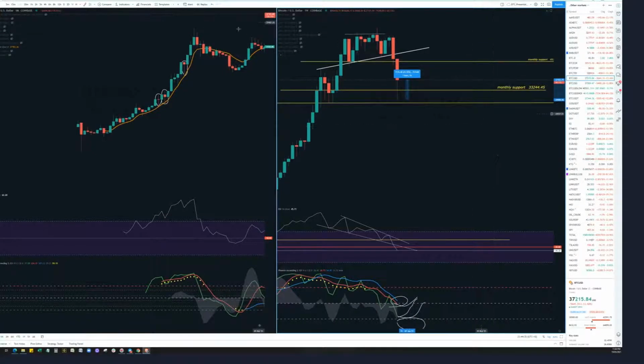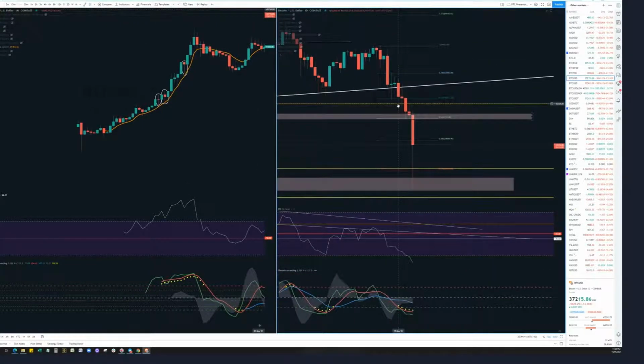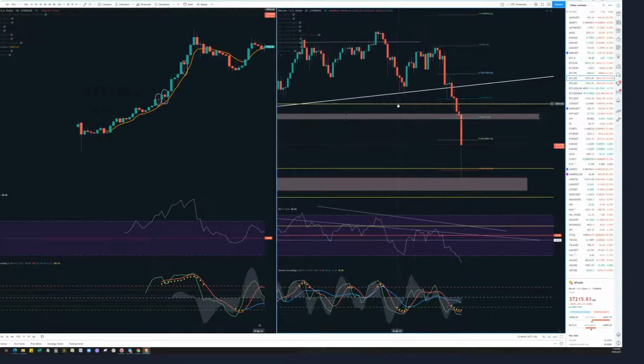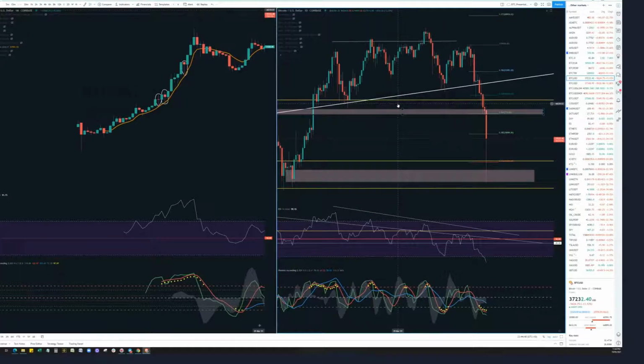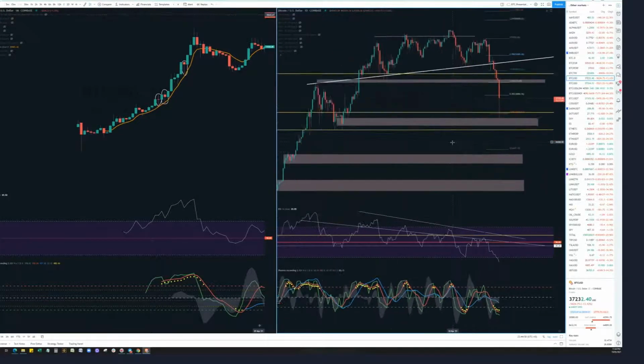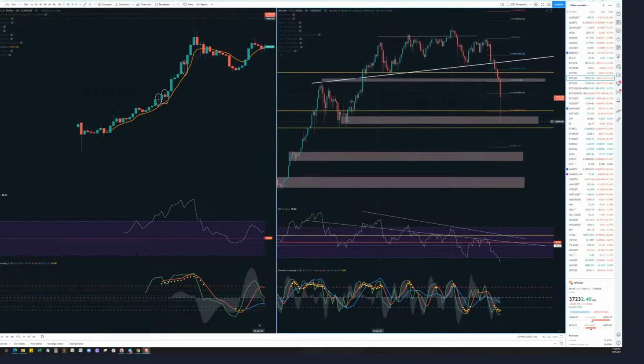This is on Coinbase. And if we look on the daily now, there you go. Whoever's shorting there got stuffed up. We're going back far out.